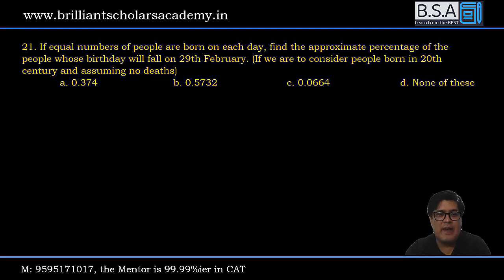It's a question from CAT. Not one alphabet has been changed. You need to have understanding of calendars for this to be answered. आपको calendars के बारे में थोड़ा idea होना चाहिए.